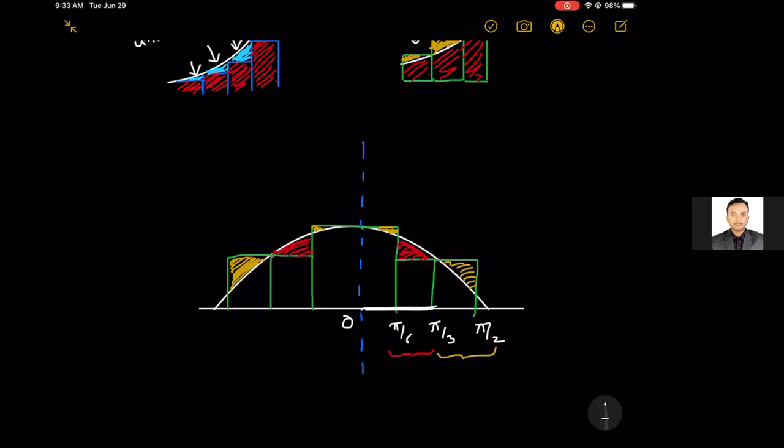Okay, now we'll see at least 3 formulas to use to approximate the area under the curve. These 3 formulas will be needed for the next homework.